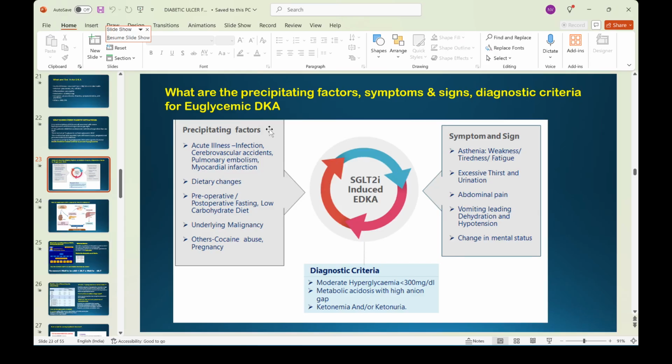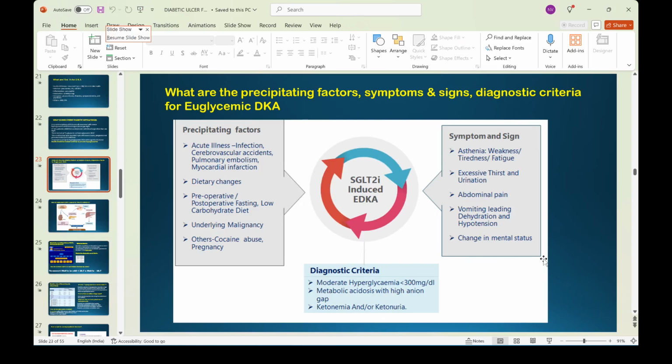Okay. So the precipitating factor in euglycemic DKA, the main reason is SGLT2 inhibitors, and the diagnostic criteria for that is moderate hyperglycemia, which is less than 300, metabolic acidosis, and ketonemia. So the only difference between the regular DKA and this is the low sugar level. Symptoms will be almost similar.